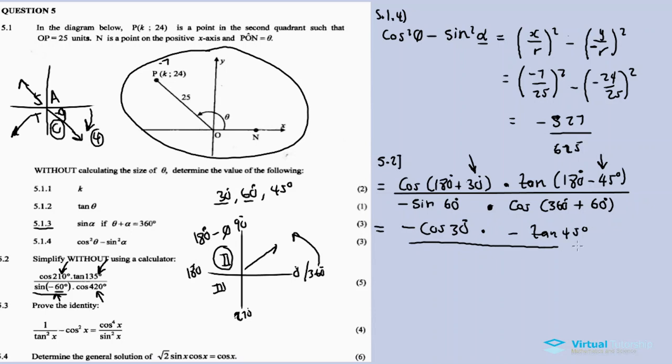Negative, and then here it's negative sine 60 degrees times 360 degrees plus, where do we get it?